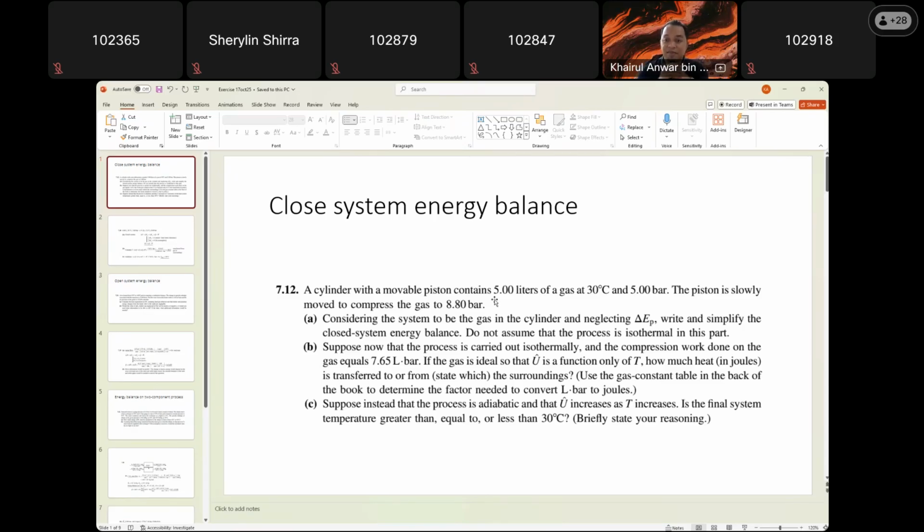We will receive the 5 bar. The piston is slowly moved with plastic press. So, considering the case, the system to be the gas in the cylinder, getting the water into... we can simplify the energy flow system.